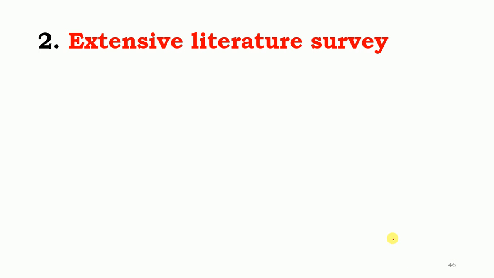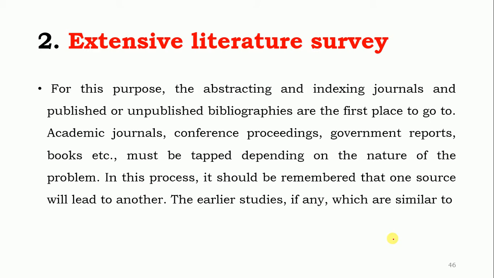Okay, the second step, that is extensive literature review. What is extensive literature review? That we will discuss. Let's read it very carefully. For this purpose, the abstracting and indexing journals and published or unpublished bibliographies are the first place to go to.